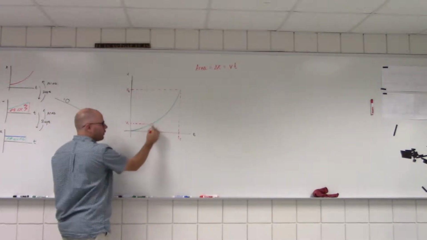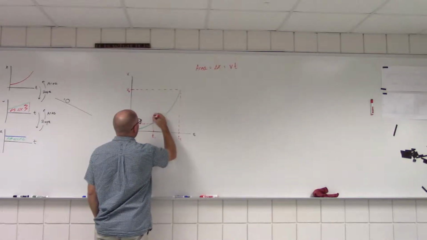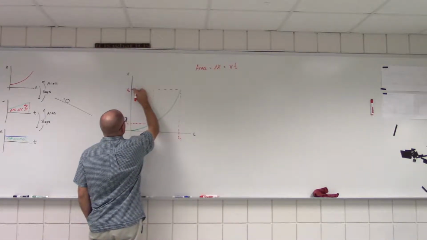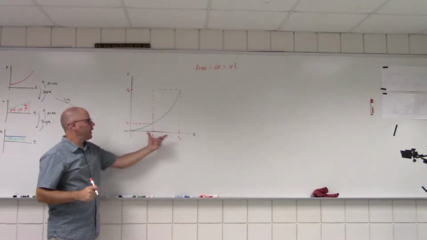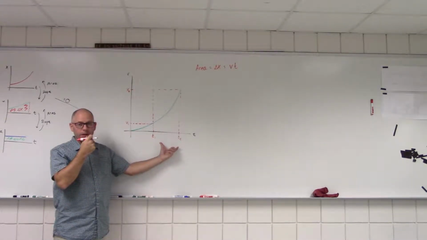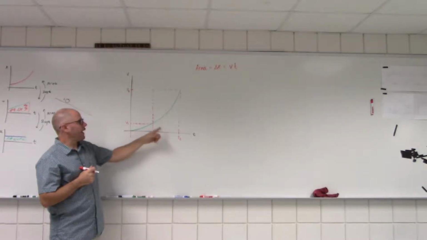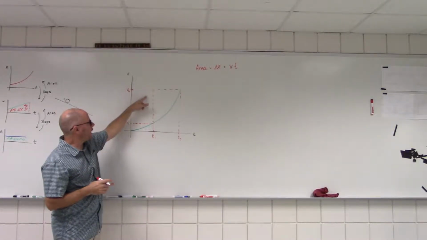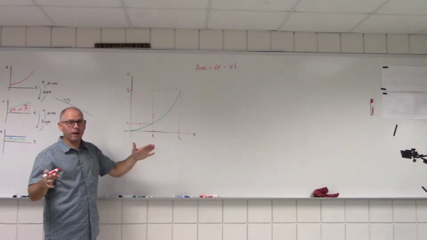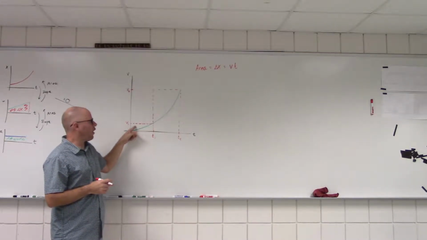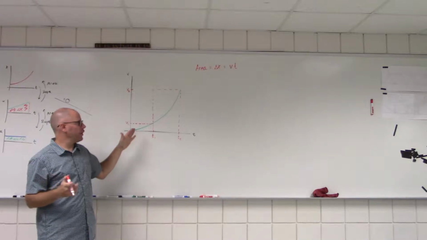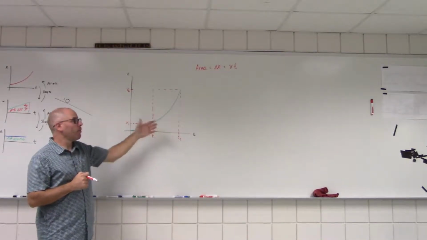So this is one rectangle here, and this is another rectangle over here. So I have now two rectangles instead of one large one, and I've reduced my amount of error by taking out this amount right here. This is better, but I still have all this and all this, which are outside of what I'm actually looking for. But it's better.